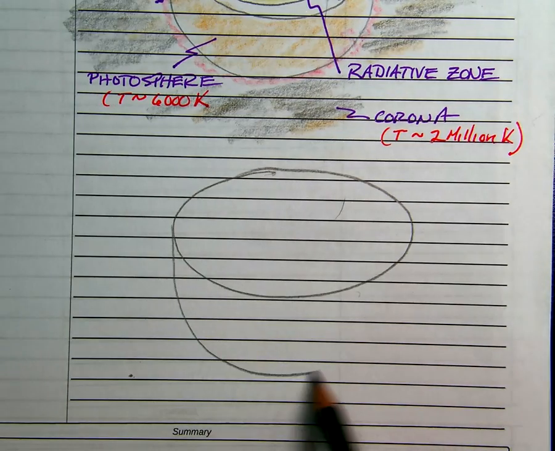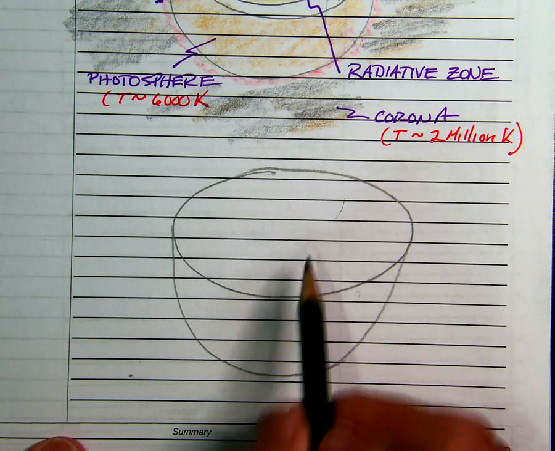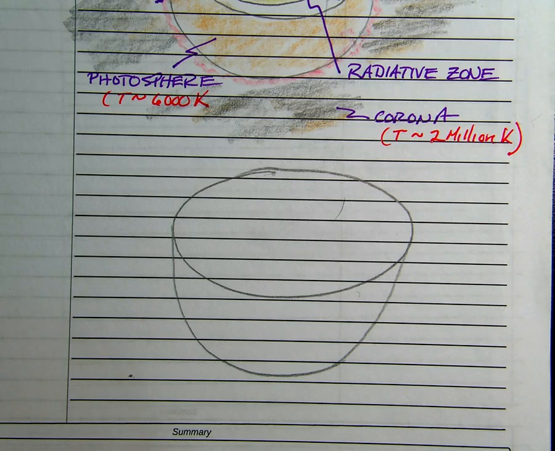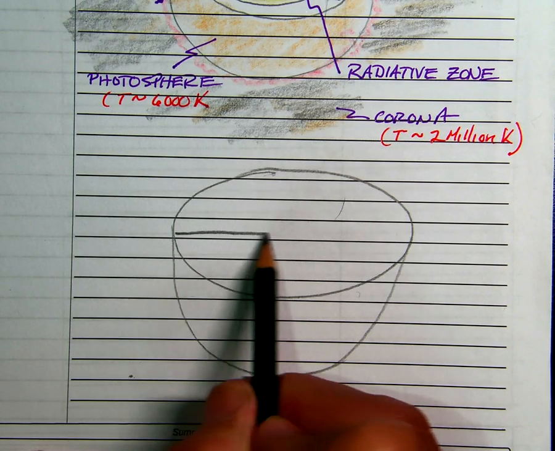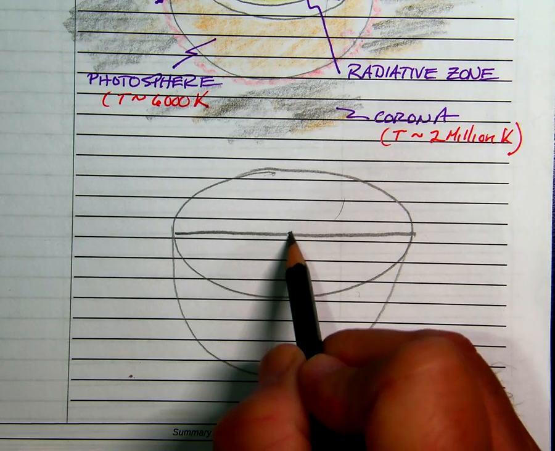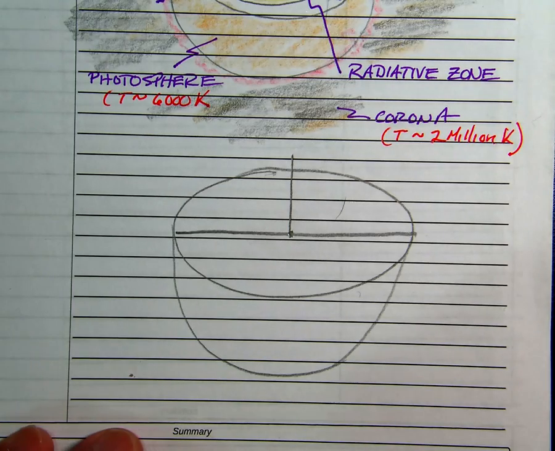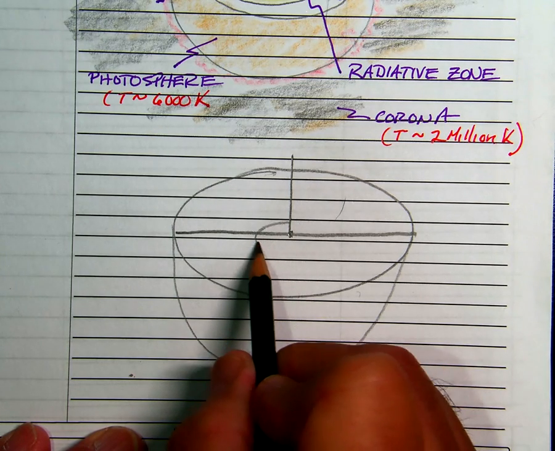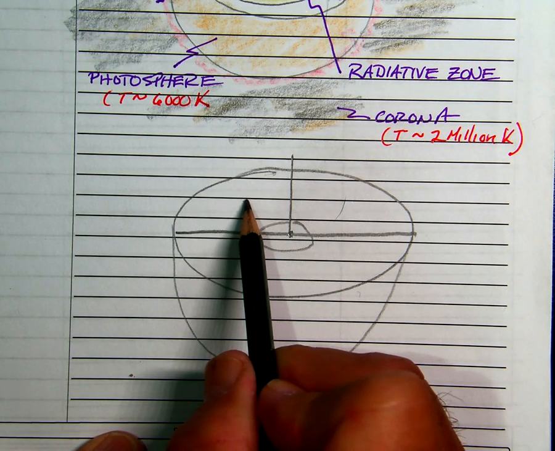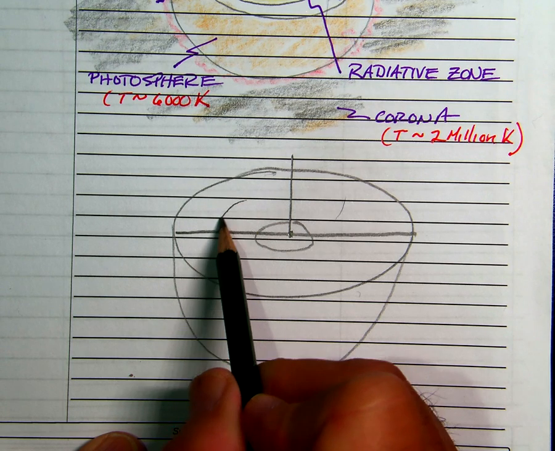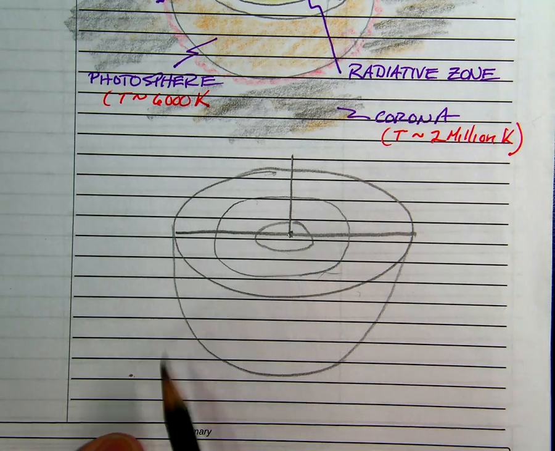This is half of the sun. From the middle, I'm going to sketch a vertical line, and you can use a ruler if you want to. This is the core, and this is the radiative zone, and the convective zone. Like that. How's that? Yeah, that's the best.